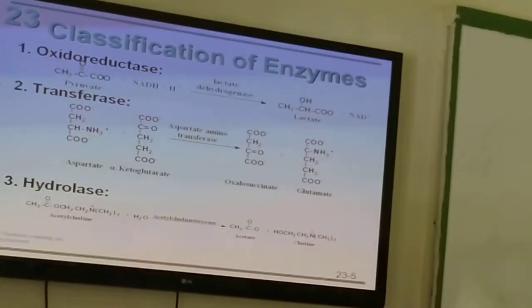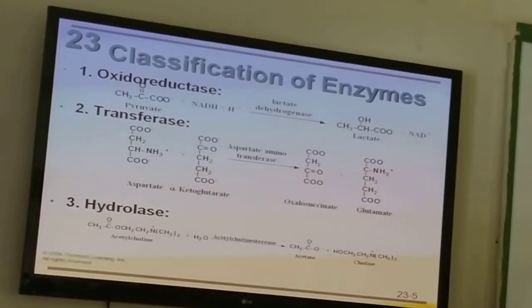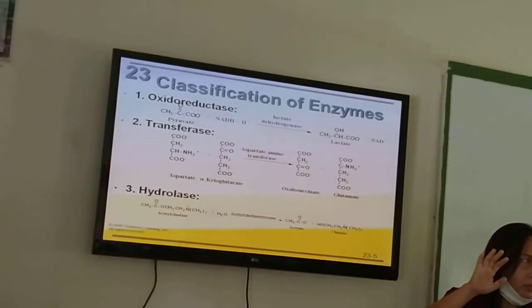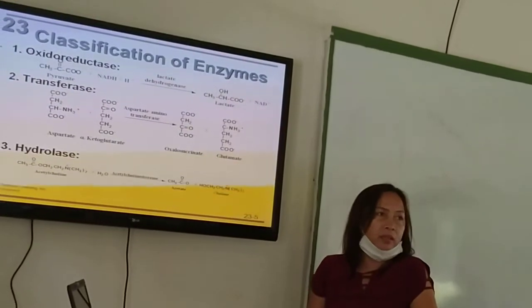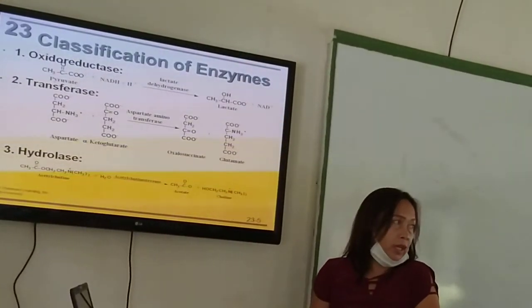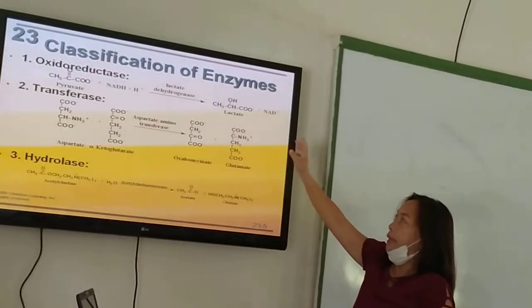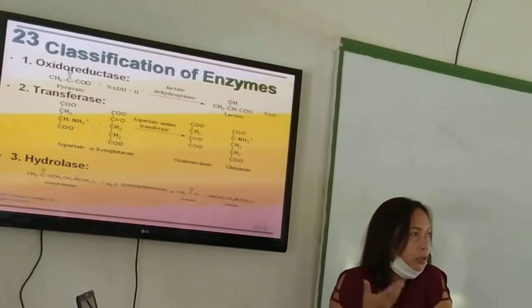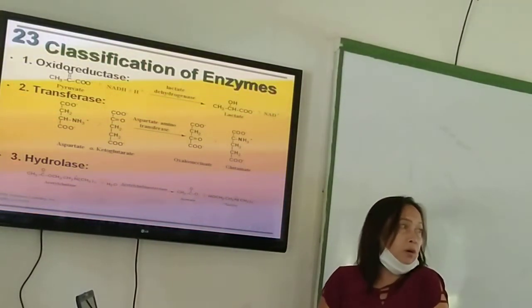So the pyruvate, especially when you run out of oxygen, is the end product of the breakdown of glucose in glycolysis. That will give you the lactate or the lactic acid. And the accumulation of this lactic acid in your muscles creates the muscle pain.